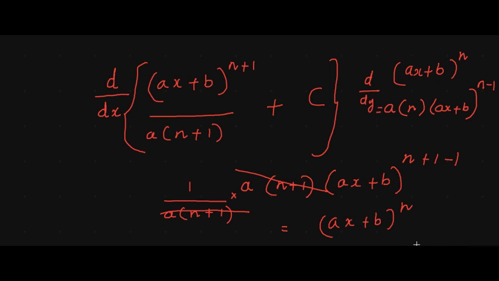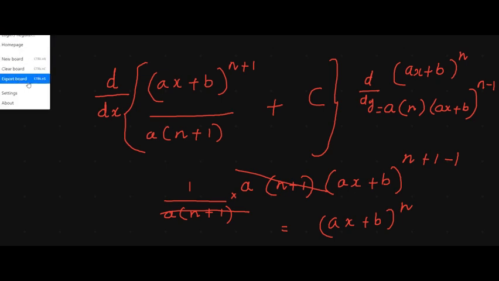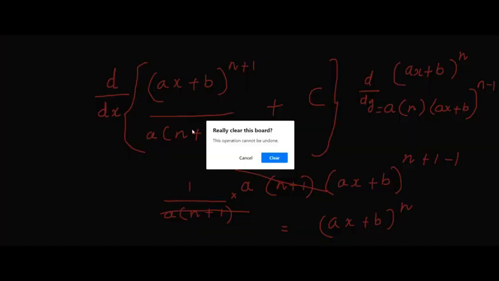Now the next thing I'm going to do is one more chain rule, and this chain rule is called the general chain rule. That one was a simple chain rule. Now we are going after a general chain rule. What is a general chain rule?